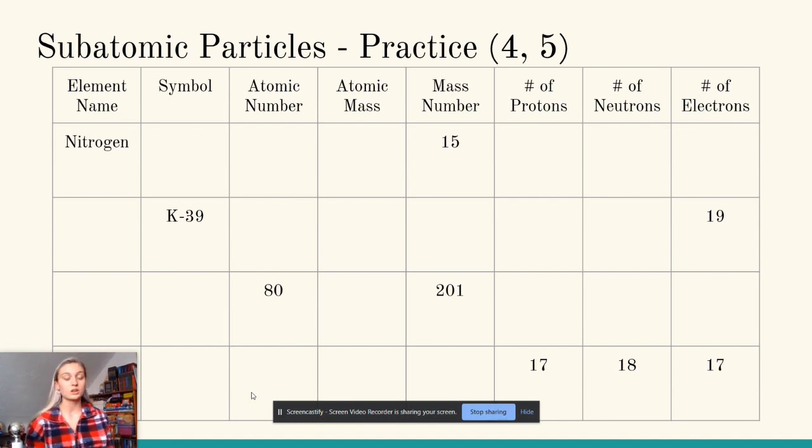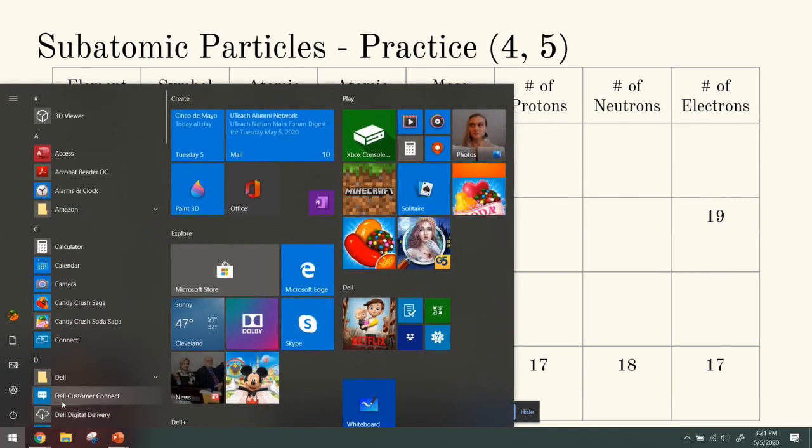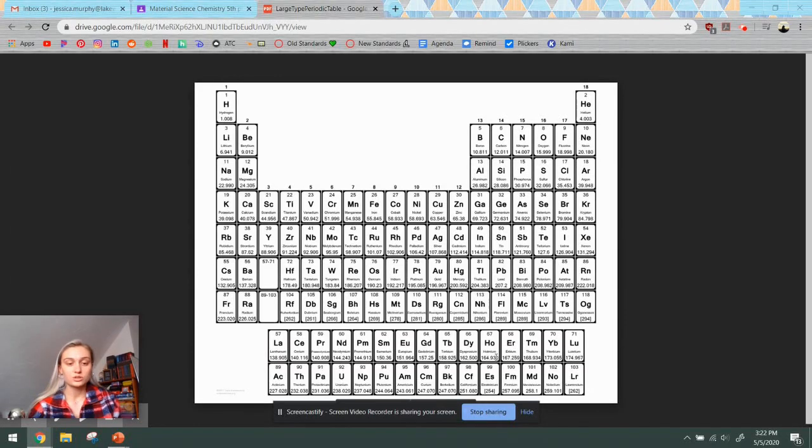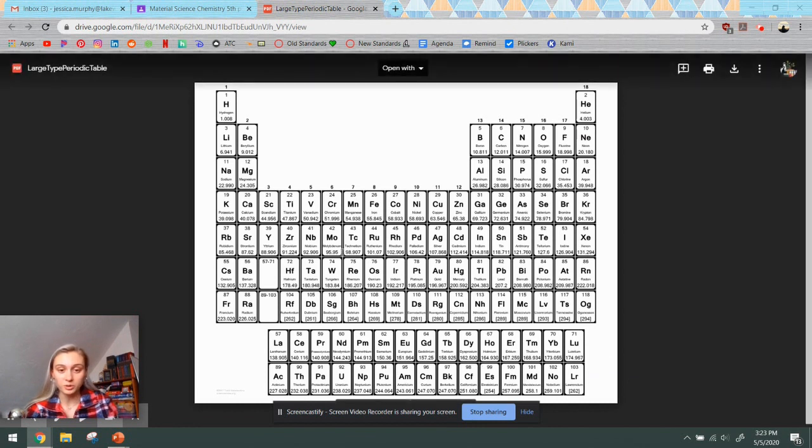Okay, so let me get my periodic table out. Now I have my periodic table open, which will help me complete this table.